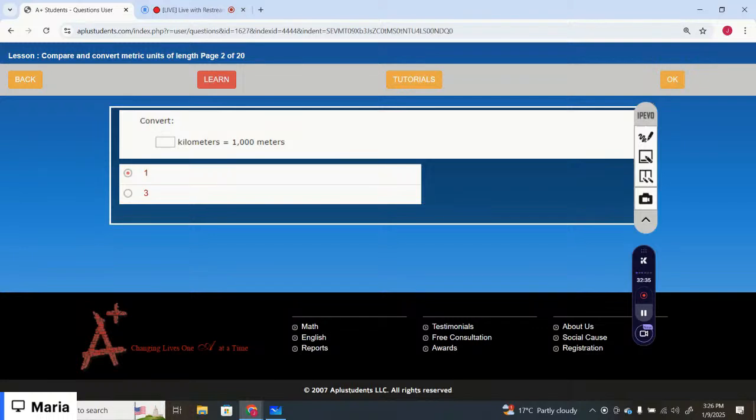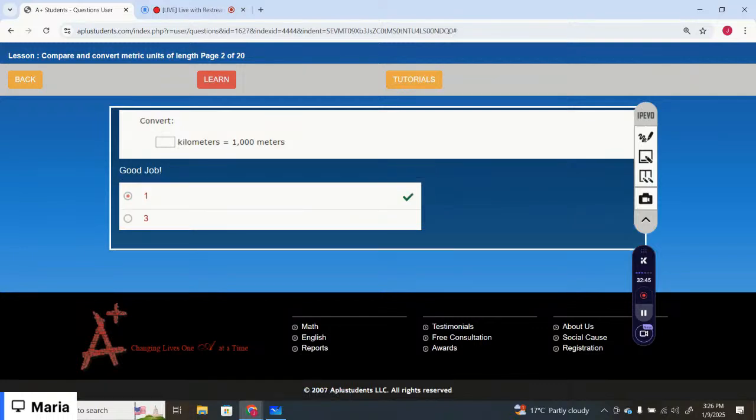Which example? Just write a question when I am on the example you don't understand, right? 1000 meters equal 1 kilometer. That is option number 1.